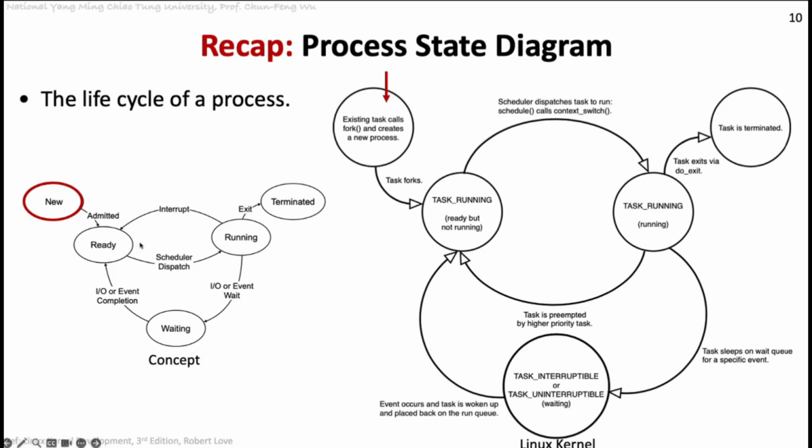If there is a CPU available to run the process, the process will be scheduled and then be running. The process will be picked from the ready queue and run. In this case, the state will not change because it is still the running state. Both states are still TASK_RUNNING.